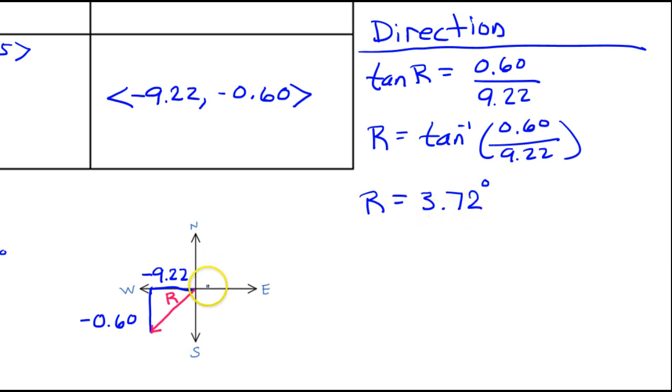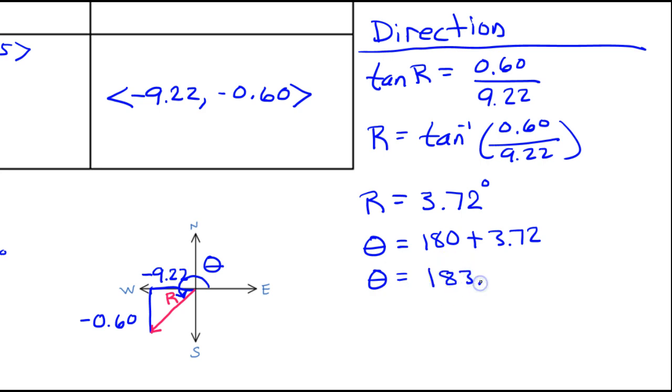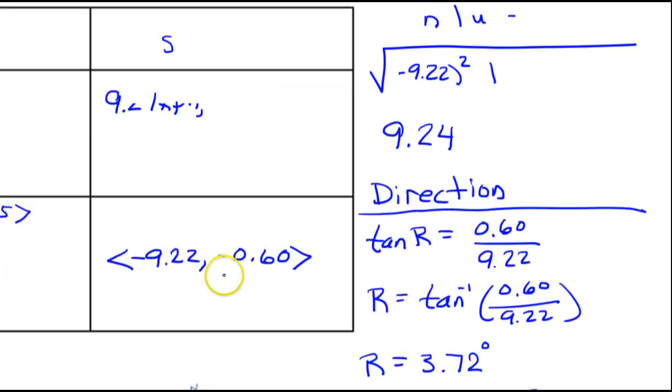Now we can find an angle measured from the positive x-axis. All right, we call this angle theta. And theta would be 180 degrees plus the extra reference angle. So theta should be 183.72 degrees. So that is one way of describing the direction of the resultant vector, 183.72.